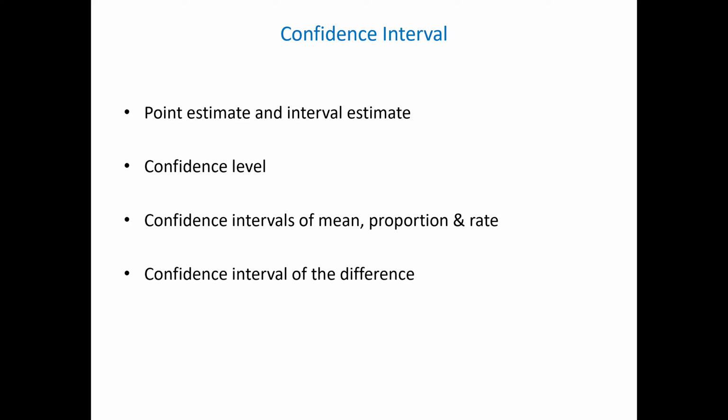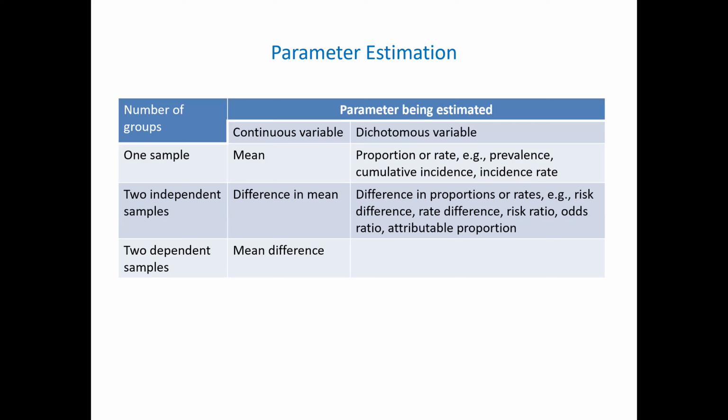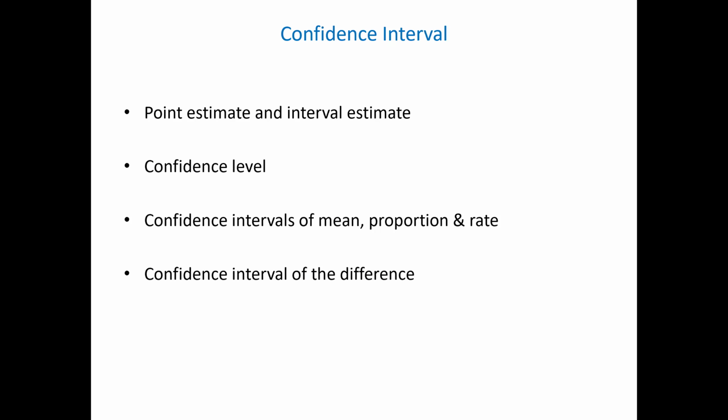So can you see the logic between point estimate and interval estimate? The confidence interval now is a range of values within which you are a certain percent confident you will find the population value. So the logic behind it is that when you calculate the mean, you also calculate the confidence interval.